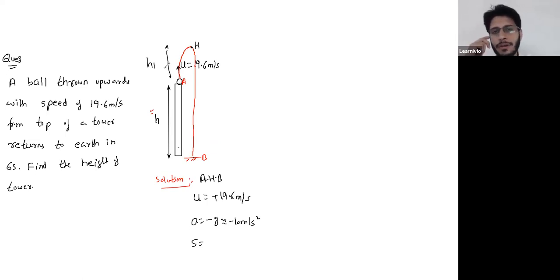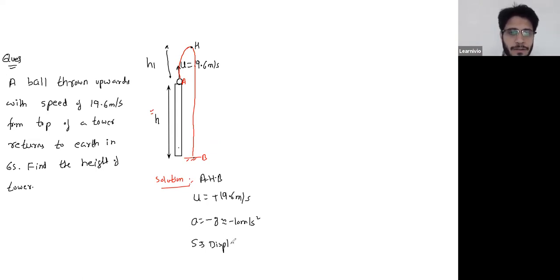What is displacement? Displacement is the shortest path between 2 points. I need S, which is displacement from A to B. Don't calculate, just write your answer in terms of H and H1.